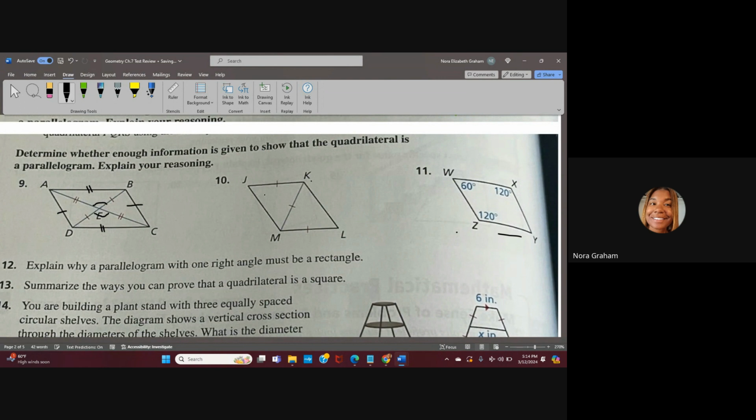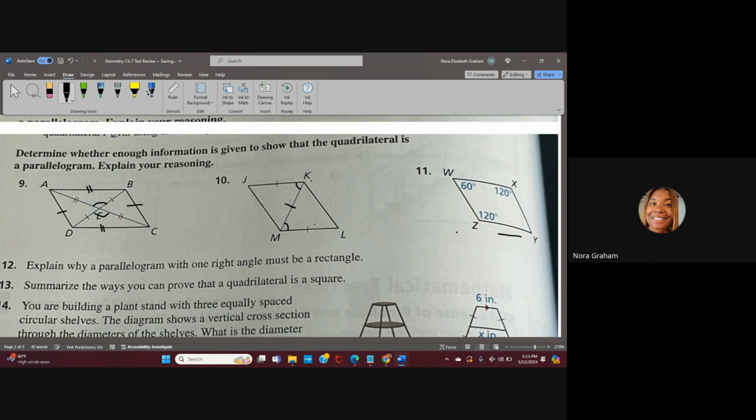So for 10, again, I'm going to use the postulates. If I look at these as two separate triangles, these two sides are congruent because of the reflexive property. These two sides are congruent because they gave it to us. Since they're congruent and it is a quadrilateral, I can say they're parallel. I can look at this as a transversal and see that these two angles right here are alternate interior angles.